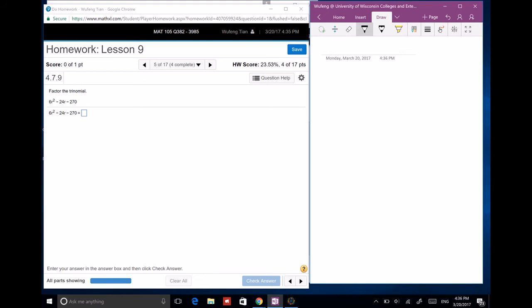Okay. So next one, you have a trinomial. This would be 6r squared minus 24r minus 270. We know that it has a common factor, which is 6. Factor it out first: r squared minus 4r minus 270 divided by 6, 45.